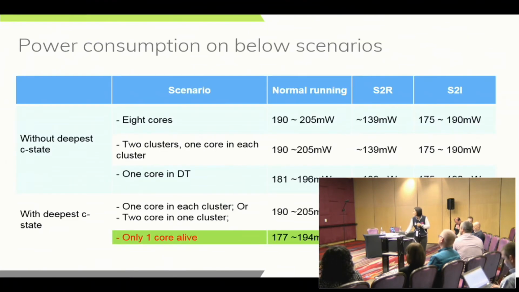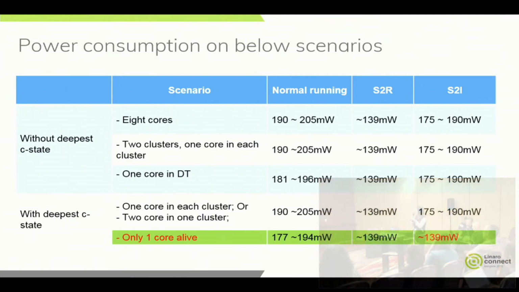Okay. I made a few tests on the below scenarios. We can see with the deepest state I just mentioned, if I leave only one core alive, we can see suspend to idle can reach similar power consumption with suspend to RAM.